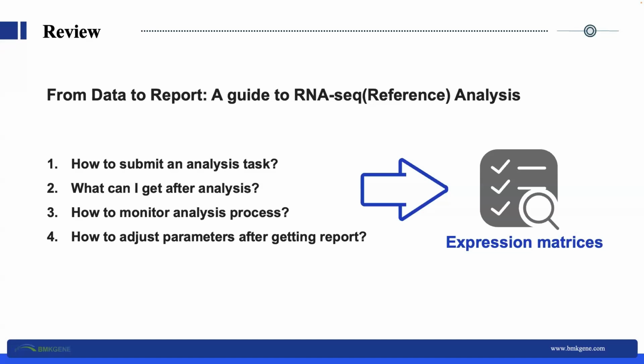You can get the expression matrix, maybe the most important result for mRNA-seq reference analysis. You can simply monitor your analysis process using BMK Cloud. You can change analysis parameters such as p-value, FDR, fold change, and so on, even after you get the final report. I think this function is very flexible.